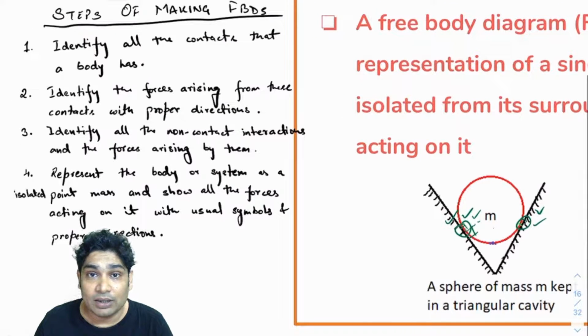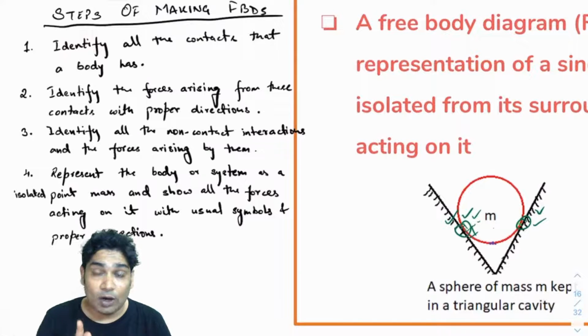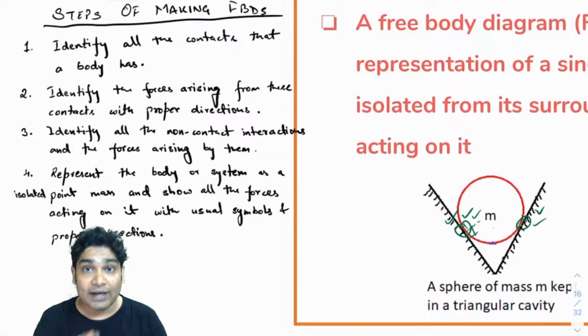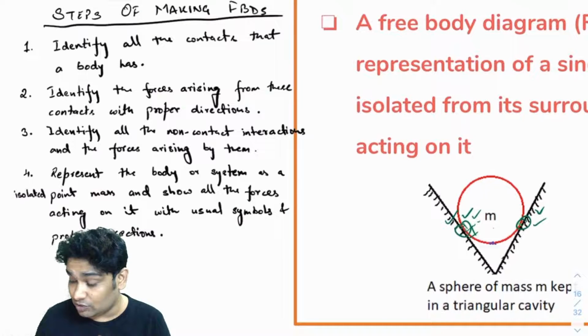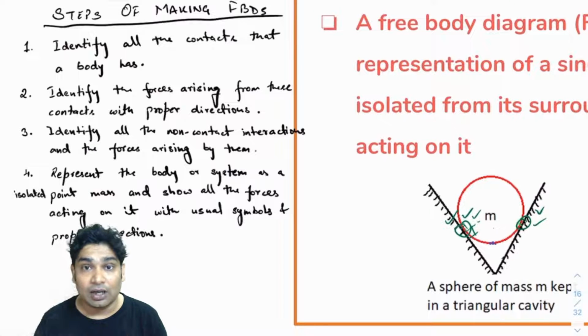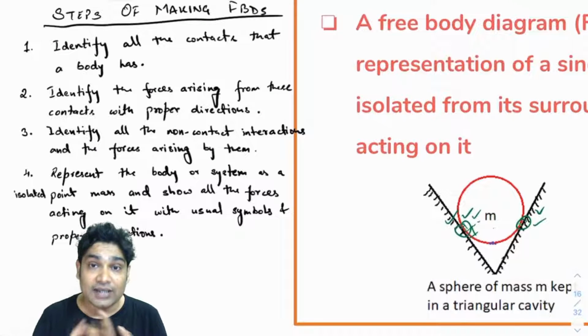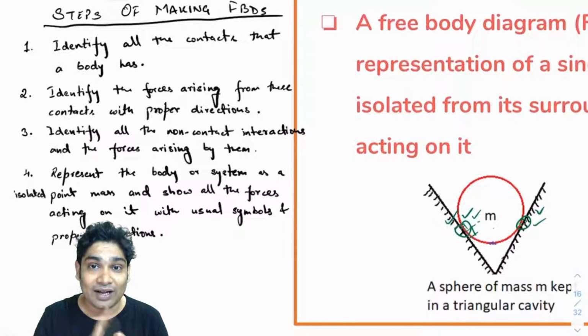Alright, so please remember, just go through these steps. First you identify all the contacts that a body has. Second, you identify all the forces arising from these contacts with proper directions. We have already spoken about the directions of all the contact forces that you will come across. Those were normal reaction, tension, spring force. Since you have studied all of them, you should know how and where these forces act.